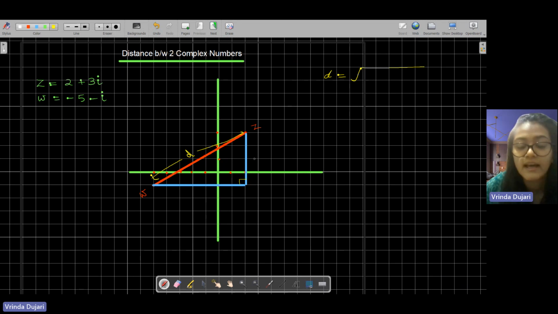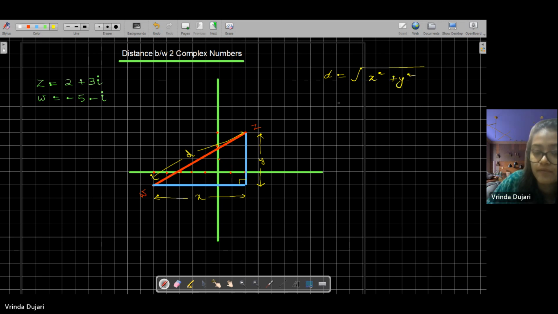So let's say this whole length is x and this whole length is y. So basically D will be square root of x squared plus y squared.